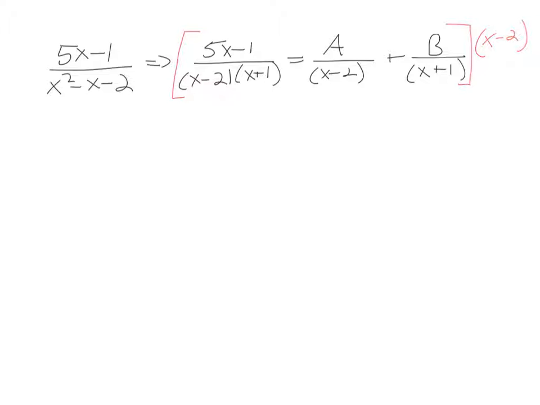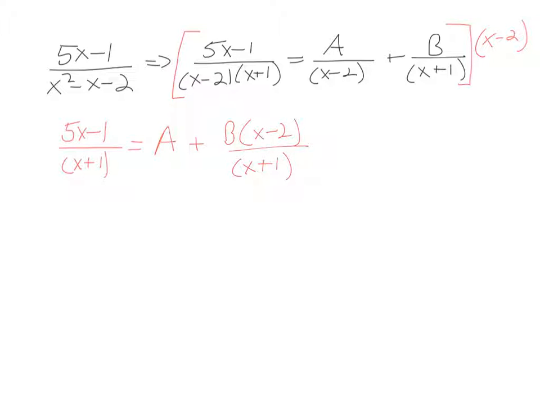This x minus 2 right here is going to cancel from this x minus 2, and I'm going to be left with, on the left side, 5x minus 1 all over x plus 1 equals, well, this x minus 2 goes away, right? And so I'm just going to be left with equals a plus b times x minus 2 all over x plus 1.